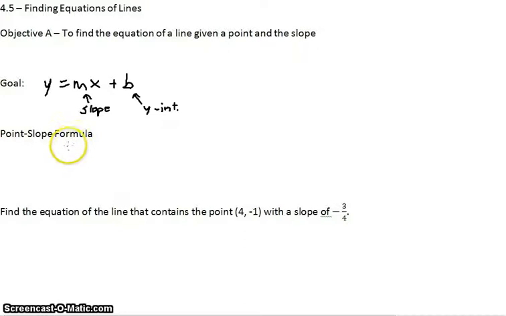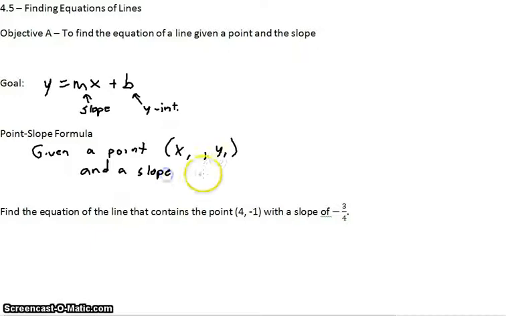And the reason that it's so nice to use is because it uses exactly what it says. It uses a point and a slope. So if you are given a point, which I'm going to call x1, y1, and a slope, which is m.